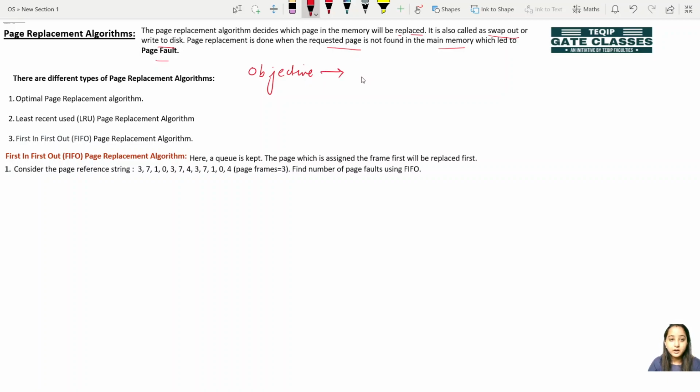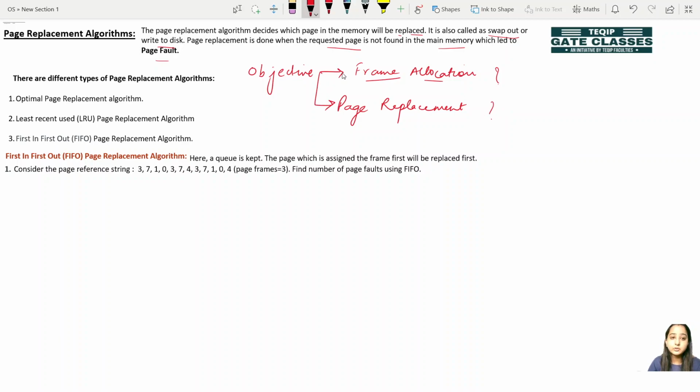First, how many frames I should allocate to the processes, that is, frame allocation. The number of frames to be allocated should be chosen correctly. Second is page replacement, which page should be replaced.